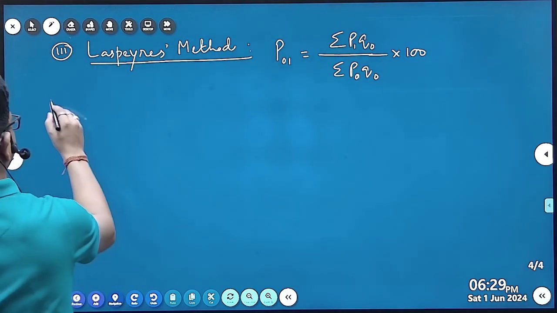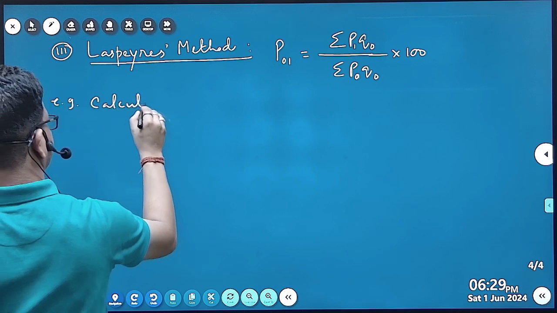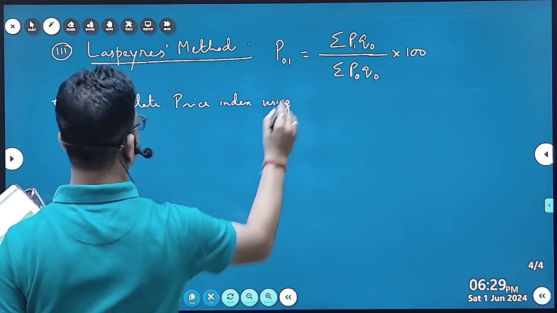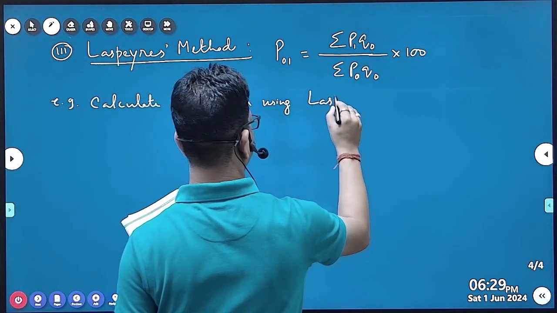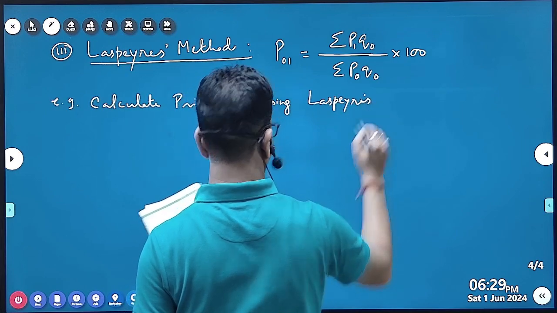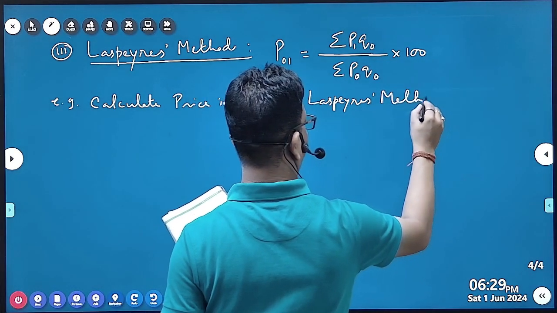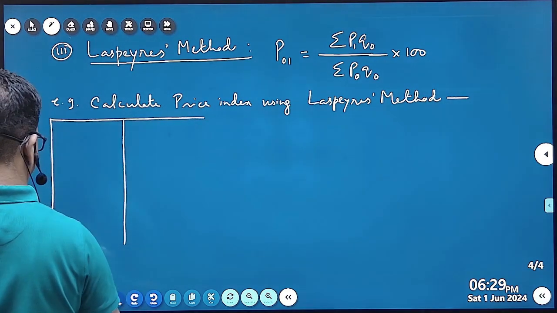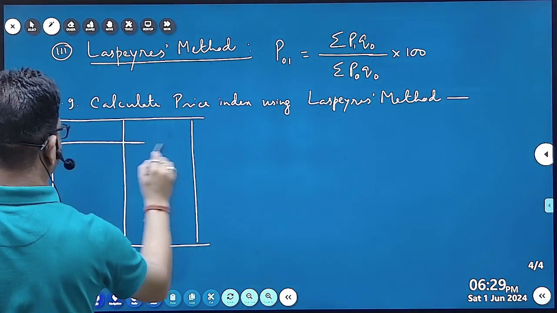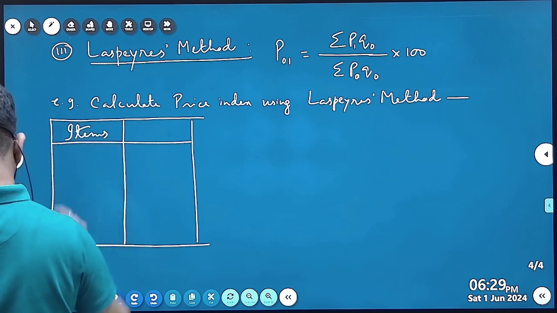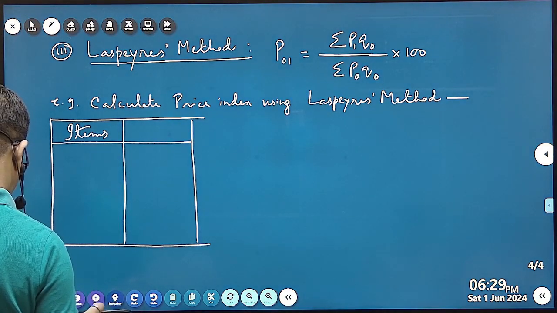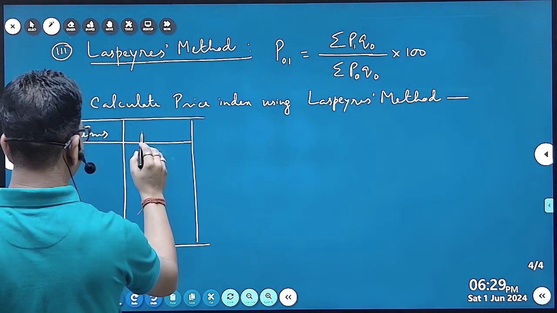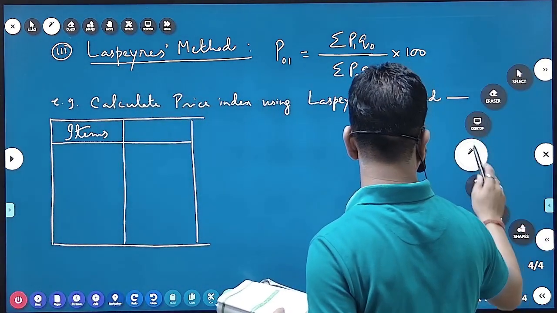So one example: calculate the price index for the following, price index using Lespeyres method. So is it done, the last one?